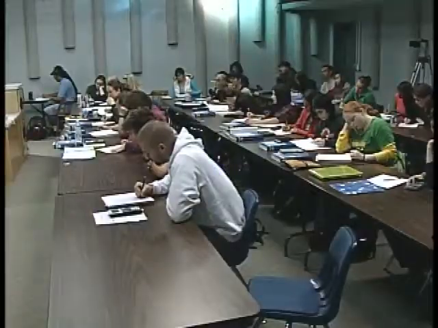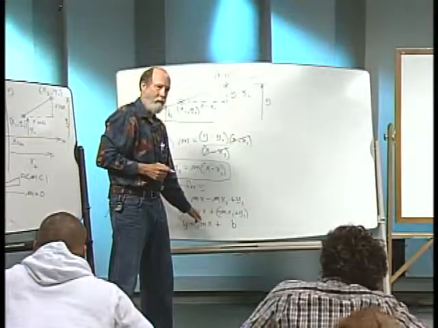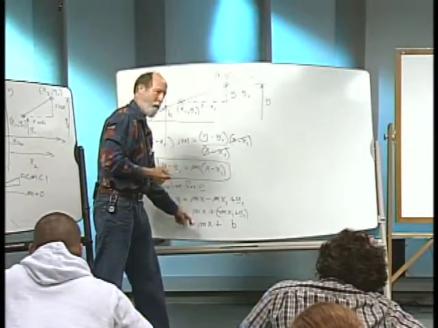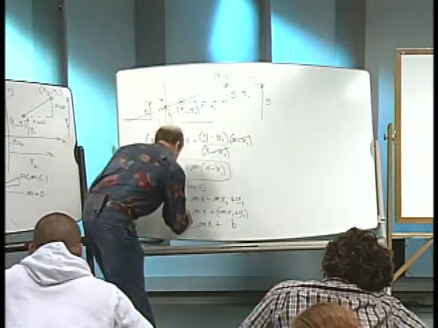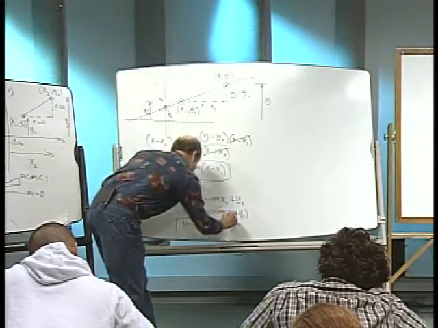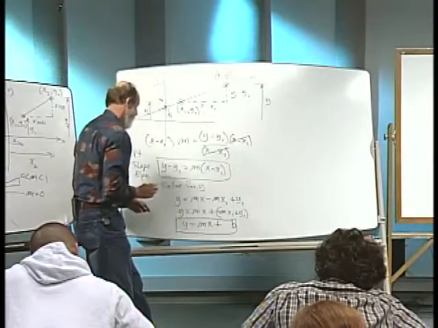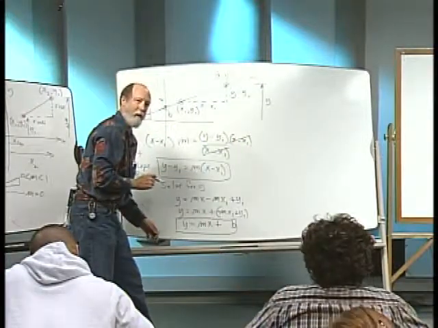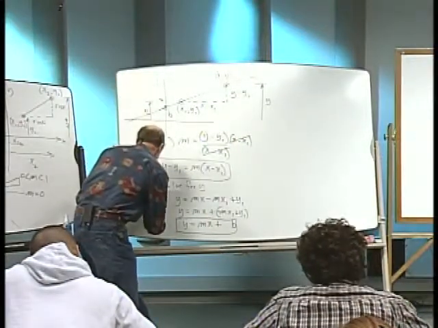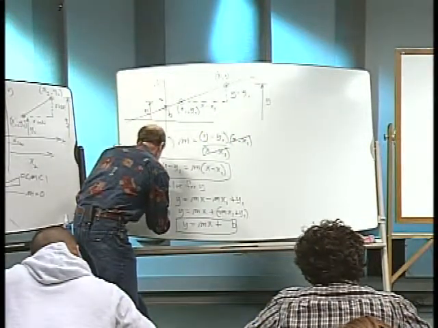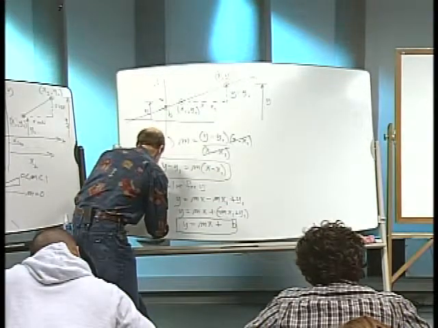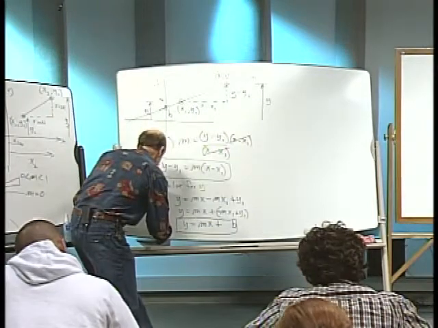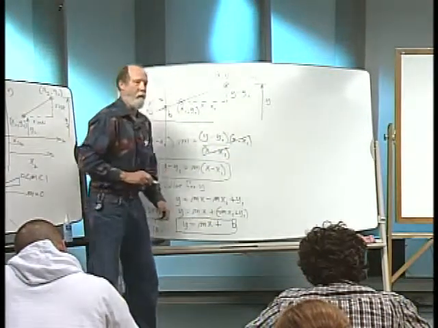You probably haven't seen it done quite this way before. But you can see now how this connects back to something you saw back in beginning algebra. This formula is called what? This is called the slope-intercept equation of a straight line.